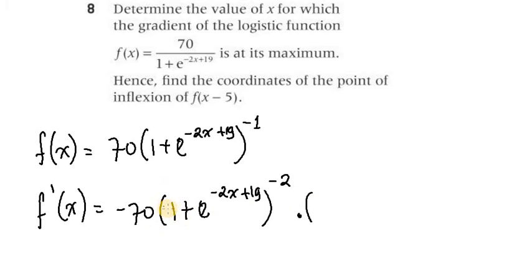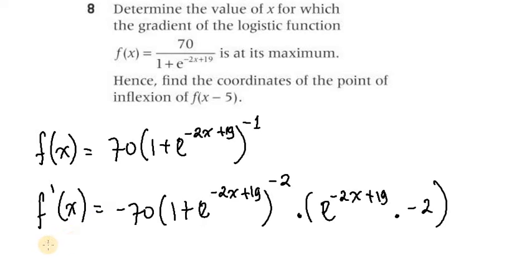We have the derivative of 1 is 0. The derivative of e to the power of negative 2x plus 19 is just e to the power of negative 2x plus 19, times the derivative of negative 2x plus 19, which is negative 2.